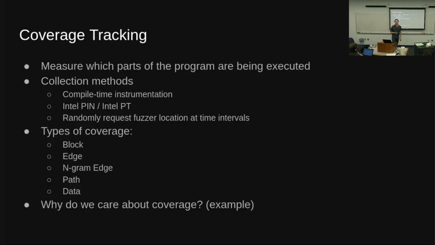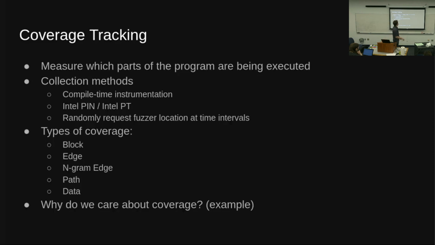Does anyone want to summarize what exactly coverage is and how it can be achieved? Is coverage what branches of program execution you're actually getting to when you give your random input? Yes, exactly.